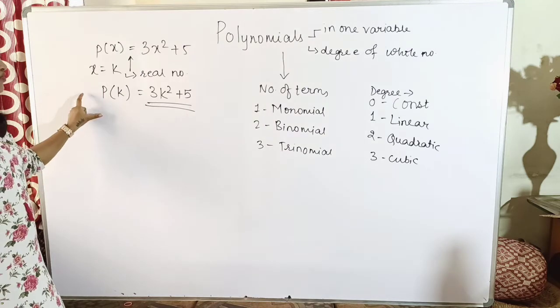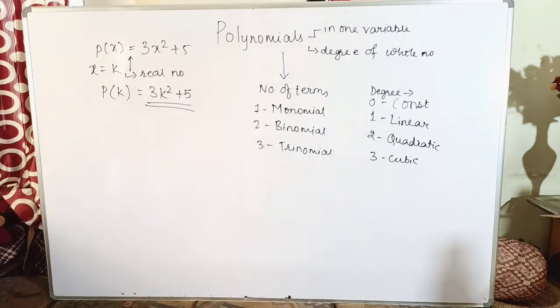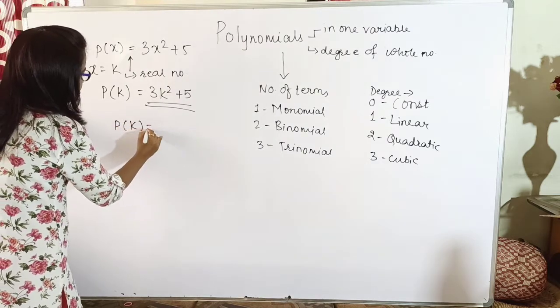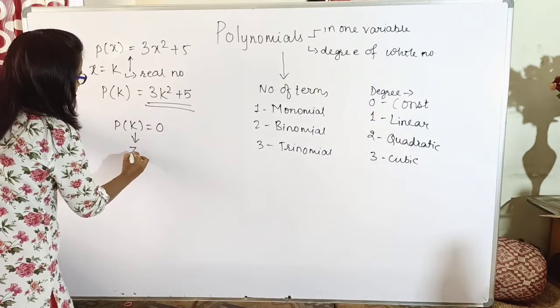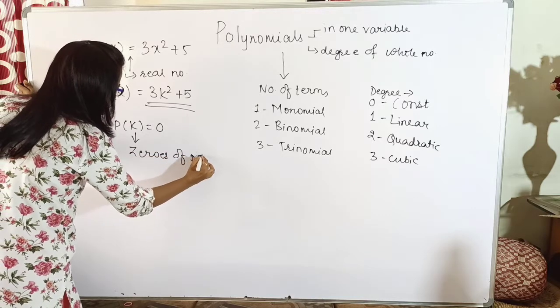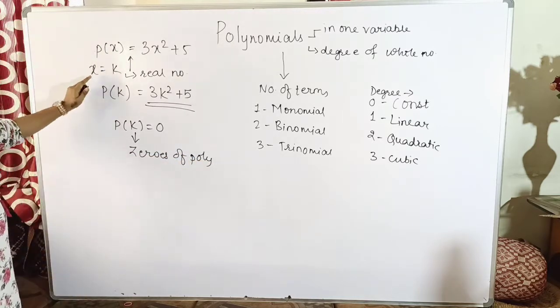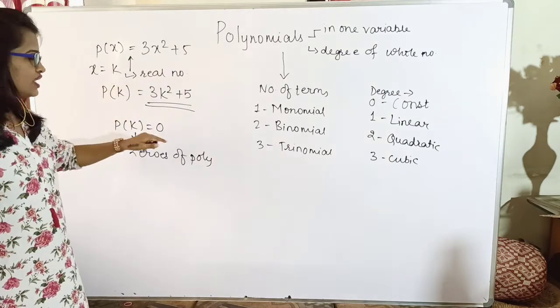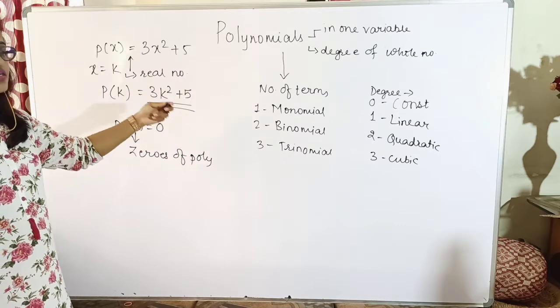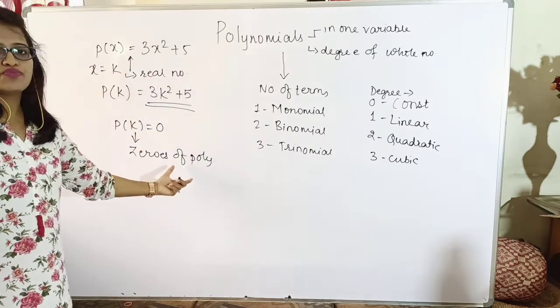Now from this we could say what the zeros of the polynomial are. If p of k is 0, then k is called the zero of the polynomial. What does it mean? It means after you replace x with k, if the value of the polynomial comes out to be 0, it means k is the zero of that polynomial.